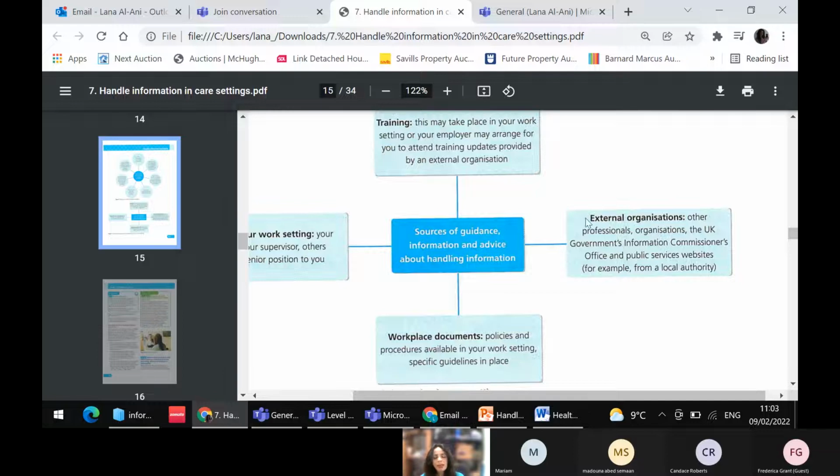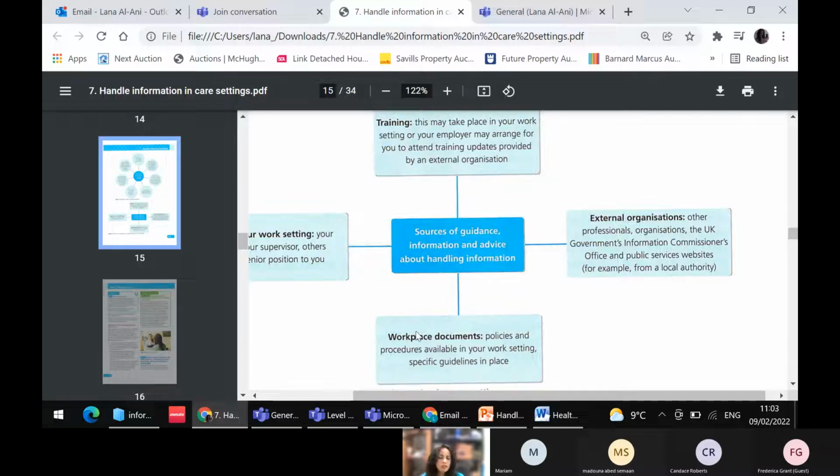And also I can get guidance and advice from external organizations, from professional organizations in the UK, the Government Information Commissioner, as your colleague said, and also office and public services websites, for example, the local authority.